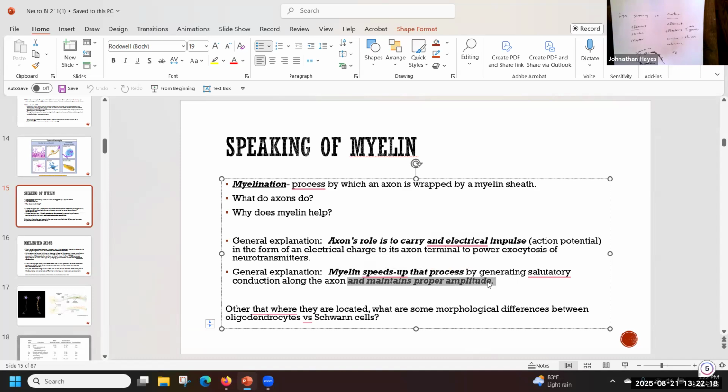Because ultimately you're going to need a certain amount of electricity to cause the neurotransmitter to go through exocytosis. So if we don't have properly myelinated axons, then you might start off with a high spike on your graph, but by the time you get to the end of the axon, it's diminished and you don't have enough anymore. So the signal might not transmit. We'll talk about problems with that in just a second.